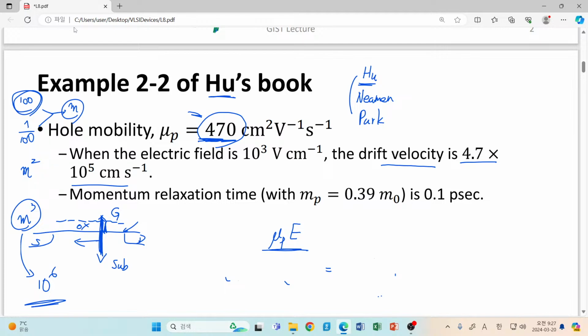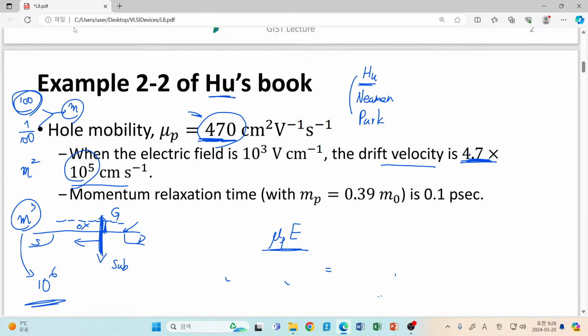And you may find that in this case the velocity corresponds to 4.7 times 10 to the 5 centimeter per second. Then you must also have a feeling about this number. Is it high or is it low?